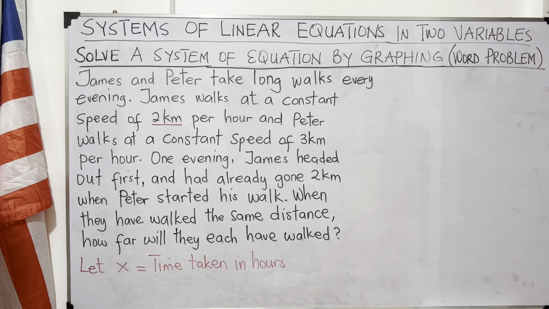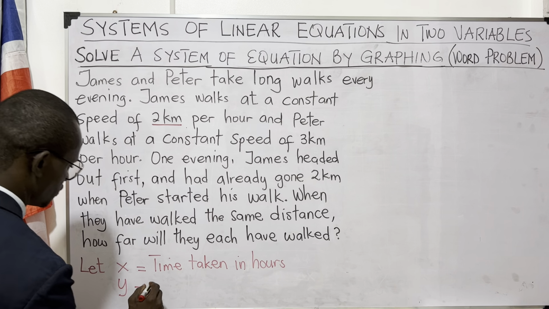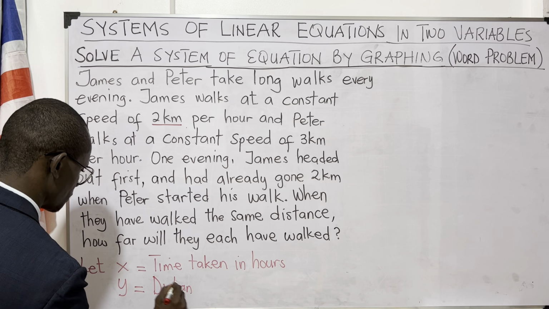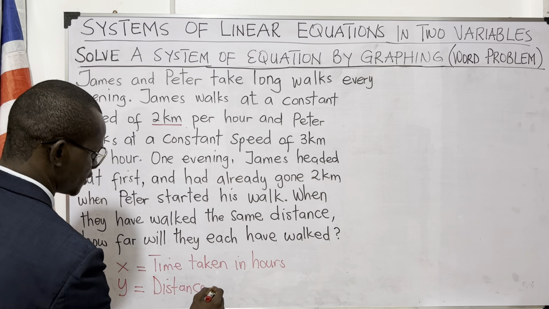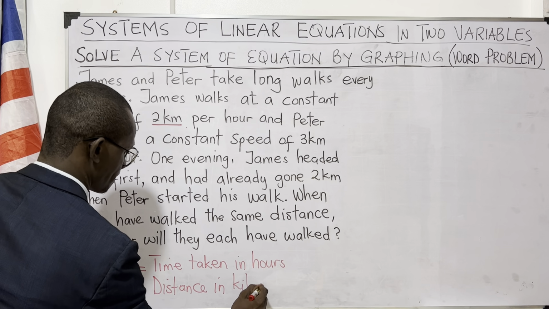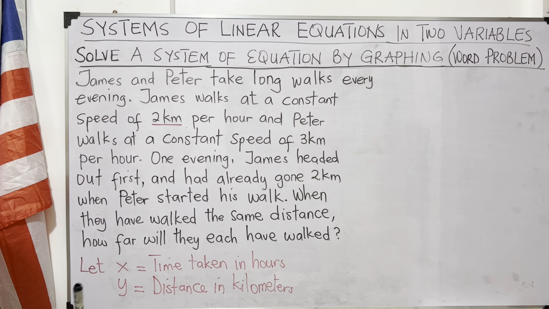So x represents the time taken in hours. And then the next variable we could bring in is y, which is the distance in kilometers. So these are the two variables within the problem. We are talking about hours, the time that it took them to cover a particular distance.